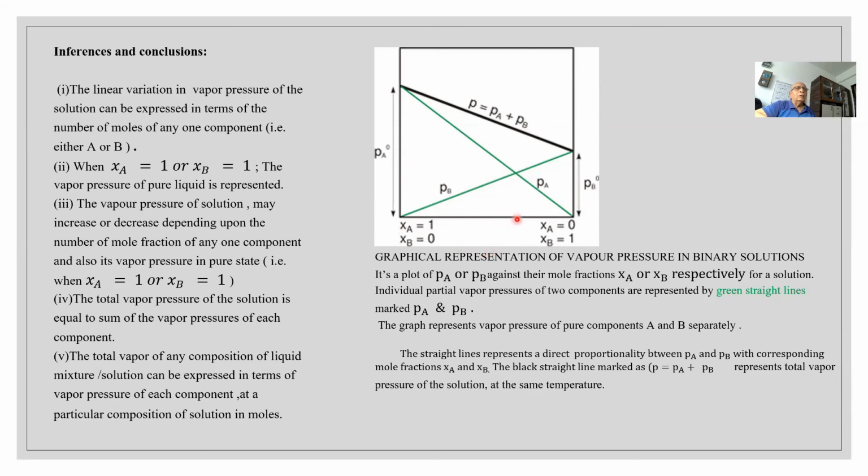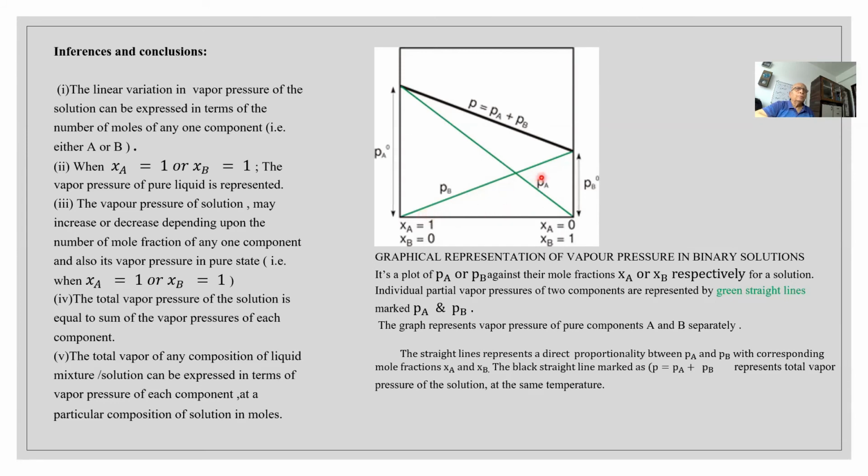And when it is drawn experimentally, we find for component B, partial pressures. This PB represents partial pressure, because here it is a solution in between the graph, the vapor pressure of the solution is found.